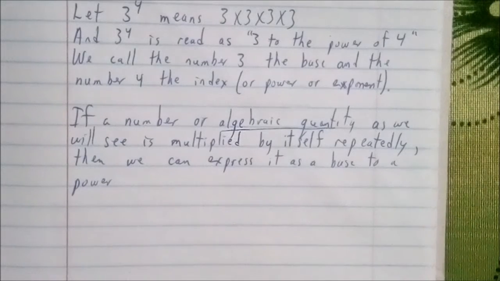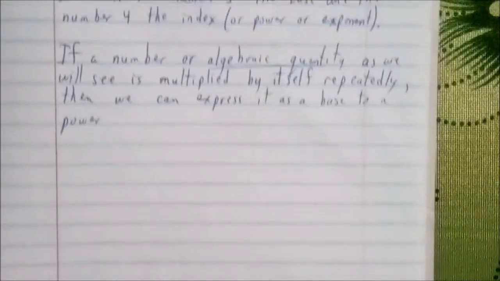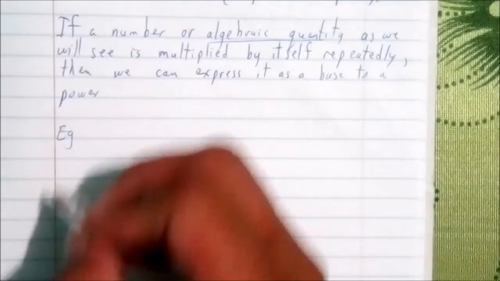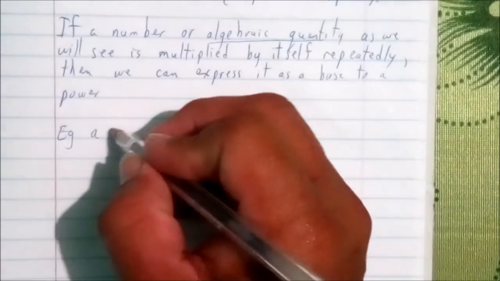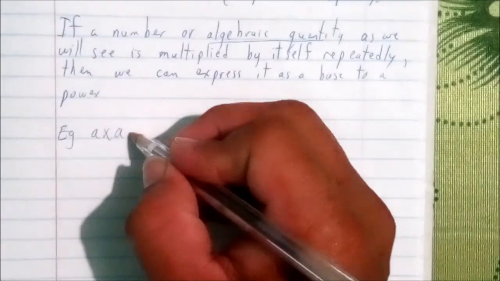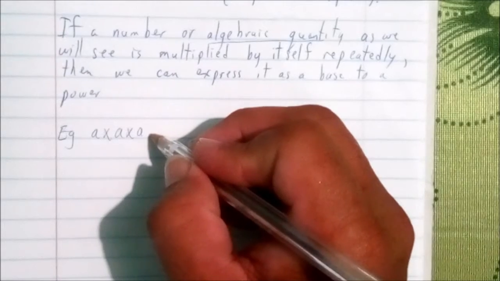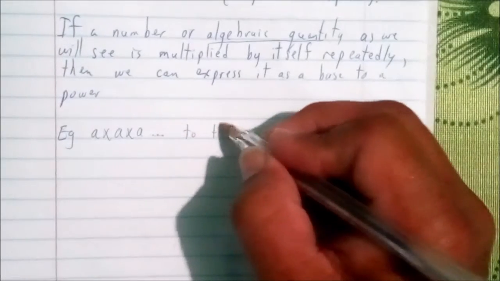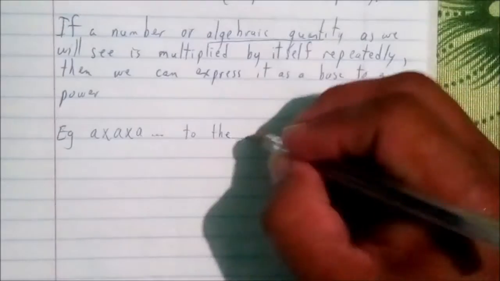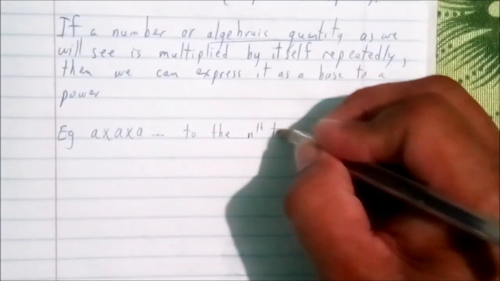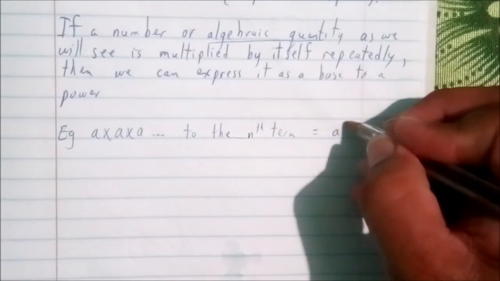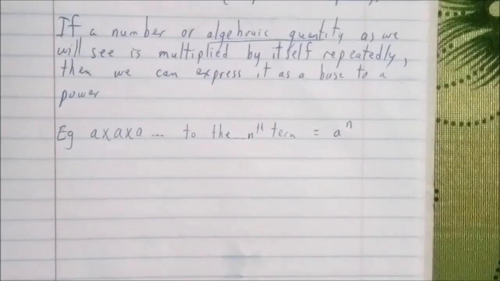Okay, so let me start with some examples. For example, if I give you a times a times a, and that goes on to the nth term, then that can be expressed as the base to the n amount of times.